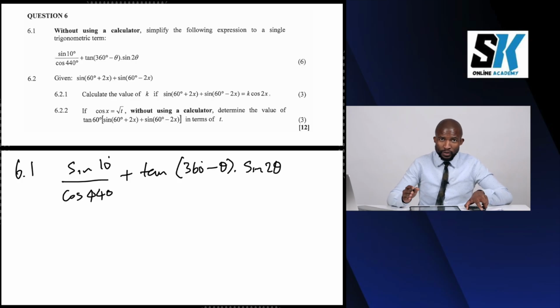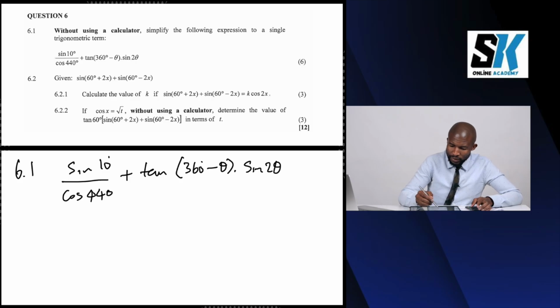They said don't use a calculator. Remember, I told you that you can use a calculator here and there, not entirely though. So we need to simplify these two.